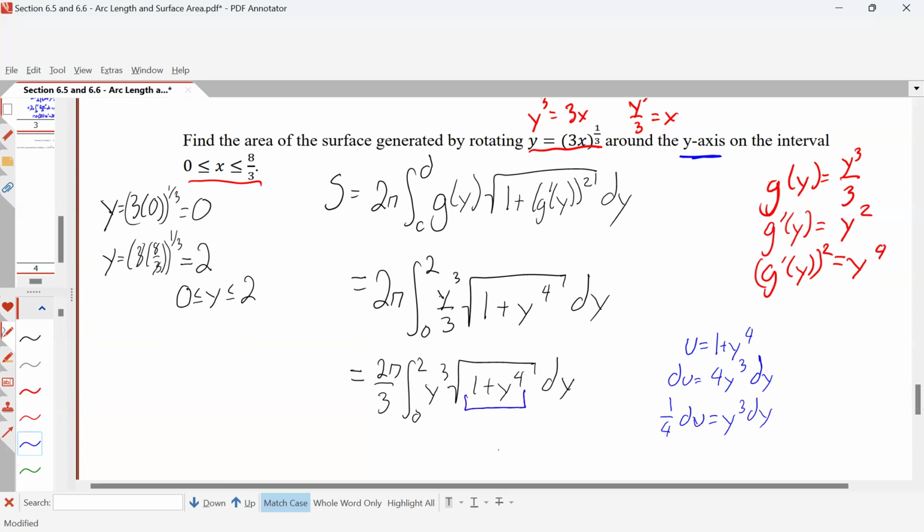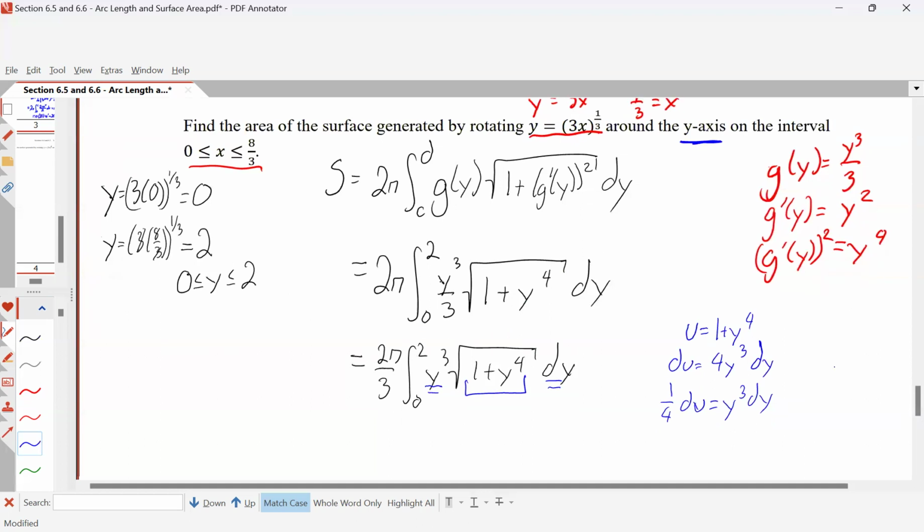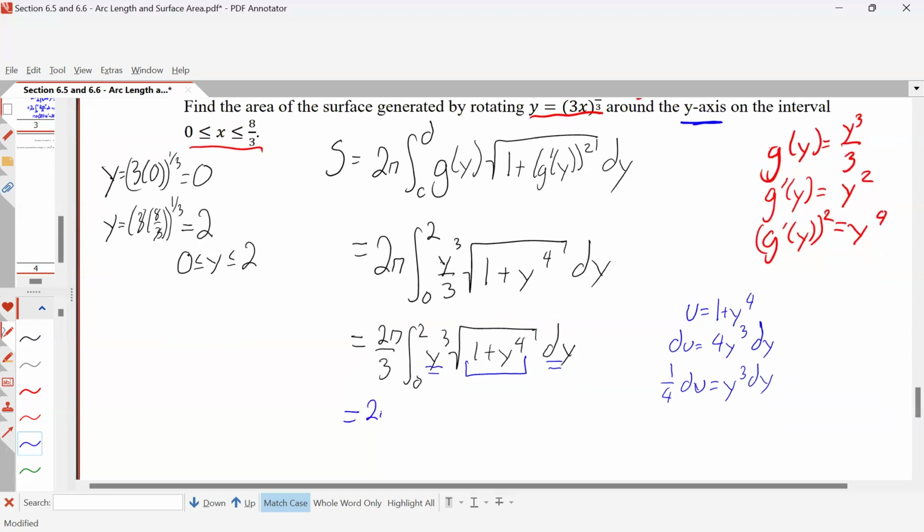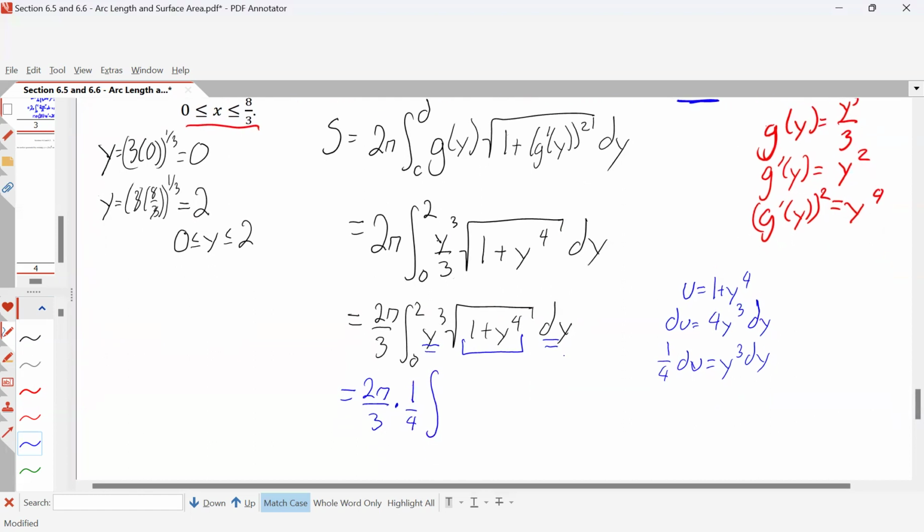So this piece is going to become u, and y cubed dy is going to become 1/4 du. And we get the integral of 2 pi over 3 times 1/4 of the square root of u, or u to the 1/2 du. We still also need to change our bounds.